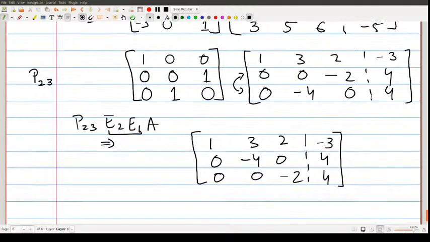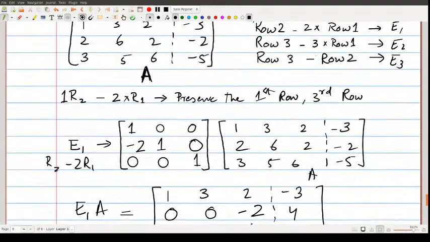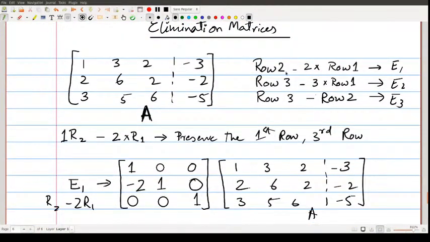There's also, in some books, a different notation. Where the second row and the first row are involved, they call it a row operation E12. Over here they call it E13, and in this one the row operation is E21, E31 and E32.